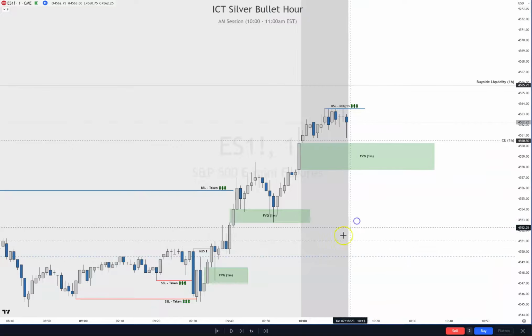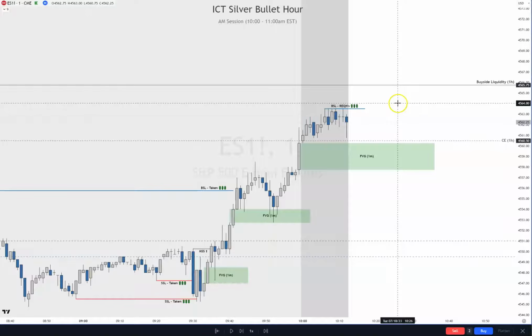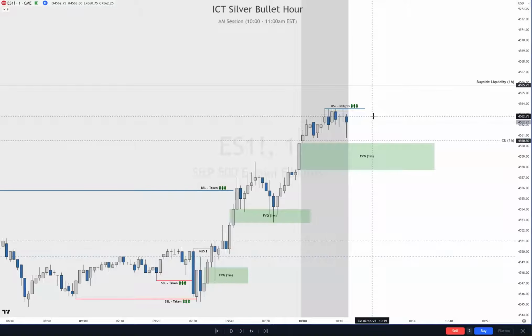Relatively equal highs. I traded all of this whole hour in a Discord group that I'm in, and it's not my Discord group. I'm a member of that Discord group, and I will show you how to get information on how to join that Discord group. I highly recommend it. I've learned everything that I trade from ICT, but this person's Discord group is legit.